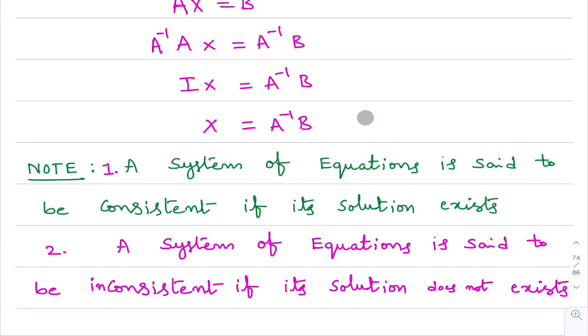When we say the system is consistent, for the given system, if the solution exists, then we say system is consistent. For the given system, if solution does not exist, then we say the system is inconsistent. This class is all about consistency and inconsistency only.